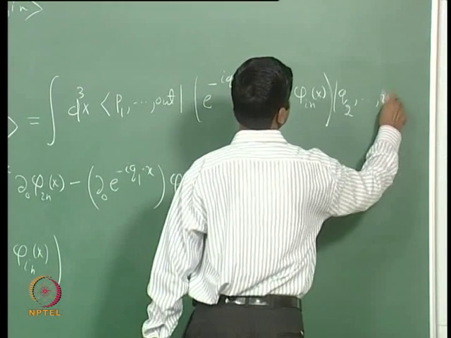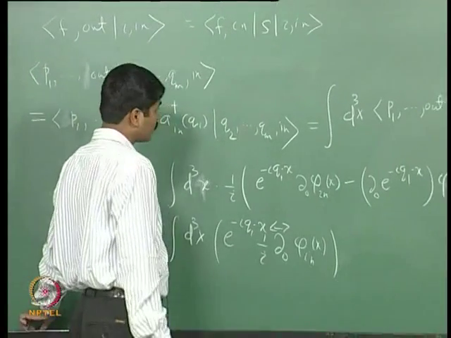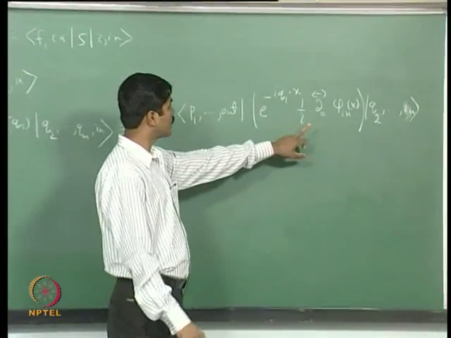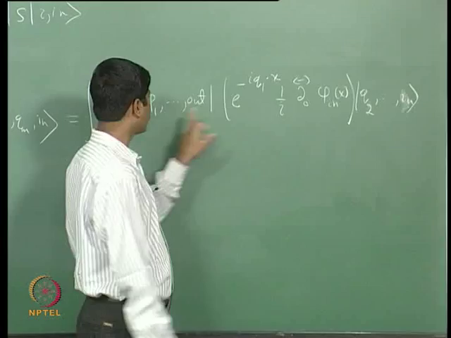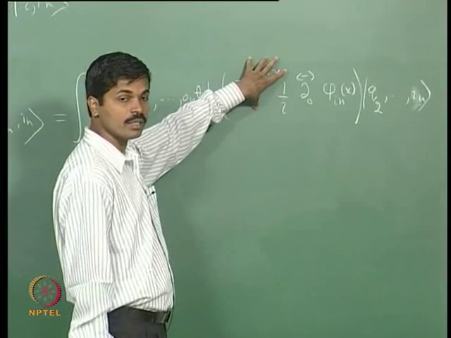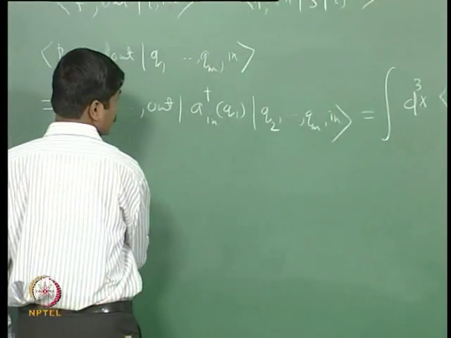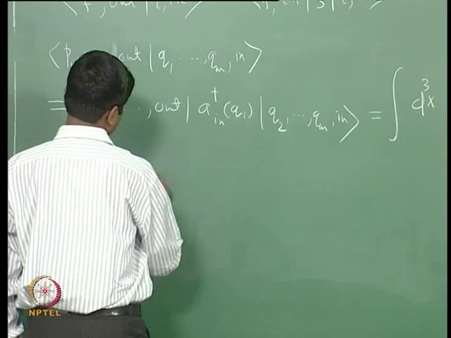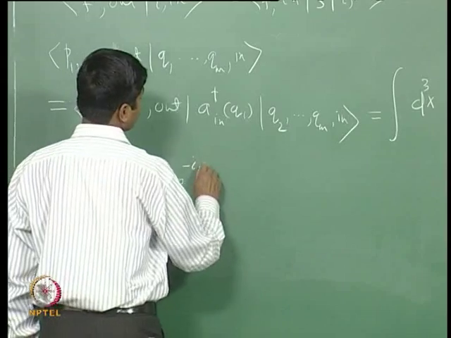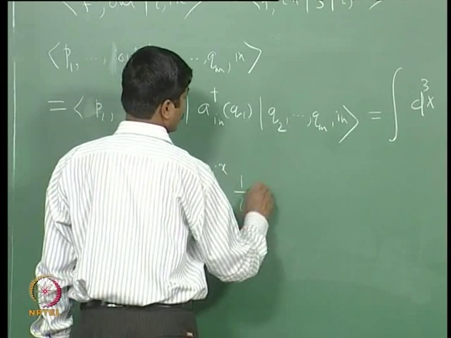This is in, right? This derivative here acts only on this phi, it does not affect any of these things, and this is a number here. So, I can just pull out all these things, then what I get here is d cube x e to the power minus i q1 dot x 1 over i del 0.